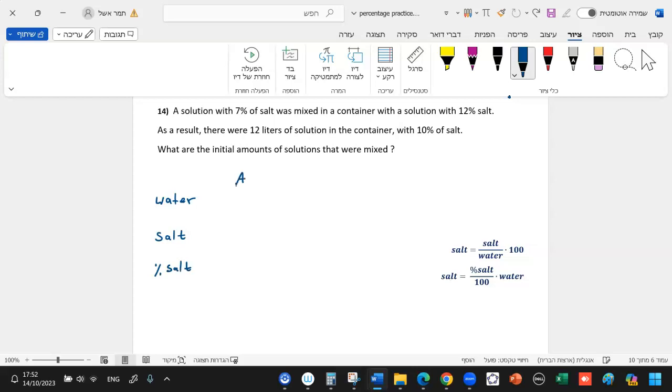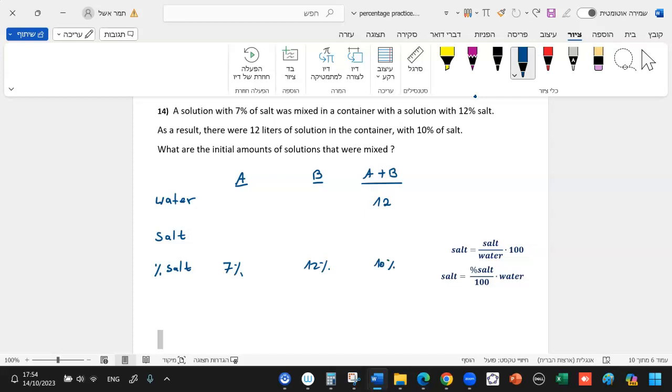And let's take solution A, solution B, and then together A plus B. What we know is the first solution has 7% of salt. The second solution is 12%. And we know that when we mix them together, we have 12 liters, and the percentage is 10%.